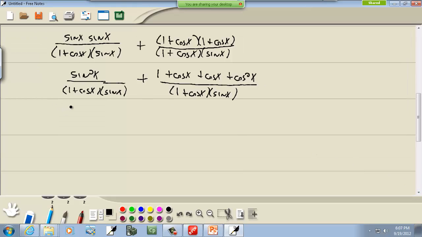Well, let's merge all these together. And I see something's nice. So I got sine squared, and we got a cosine squared. I'll put those together. We know what that's equal to. And we got 1 plus cosine x plus cosine x is 2 cosine x over this.